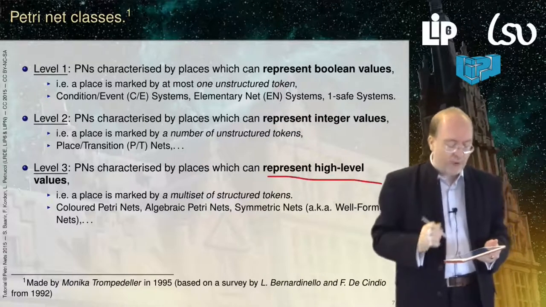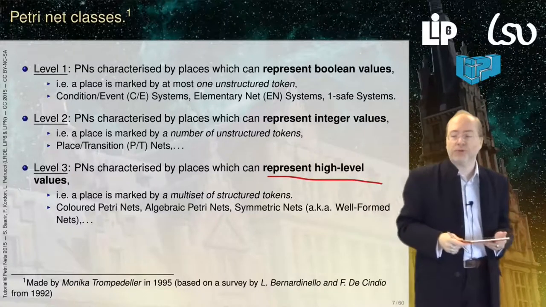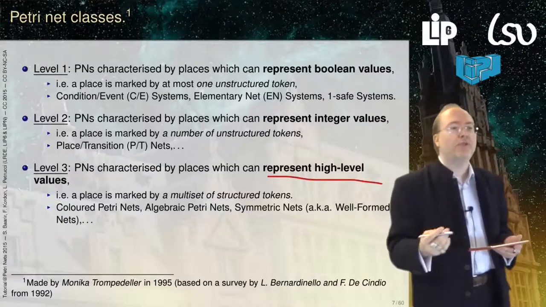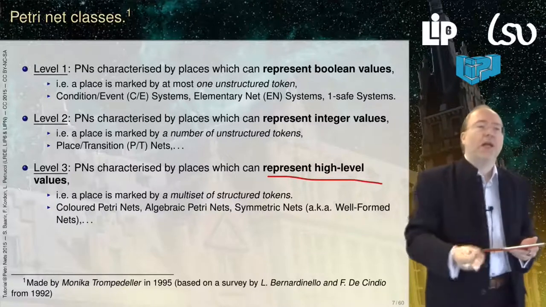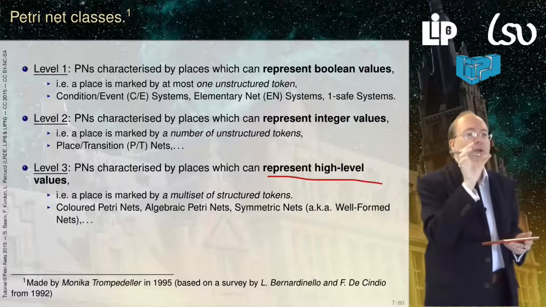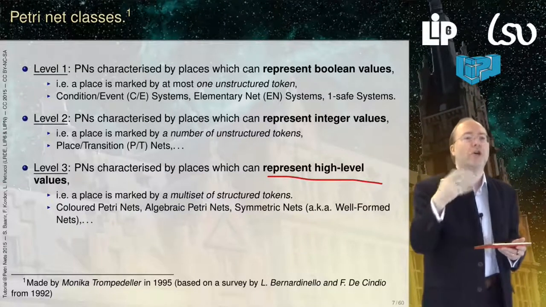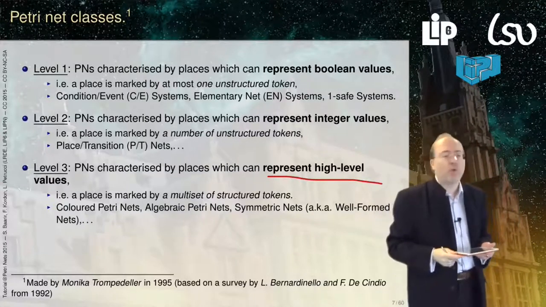Then high-level Petri nets were introduced, where the tokens carry a value. They can also carry a composed value, a sort of record-like data type, and it's quite comfortable.